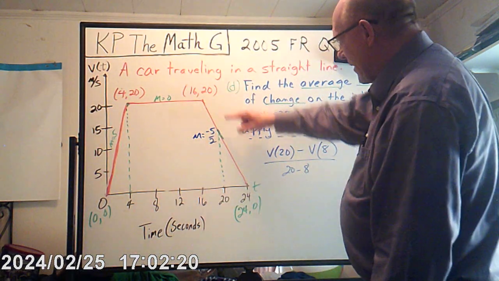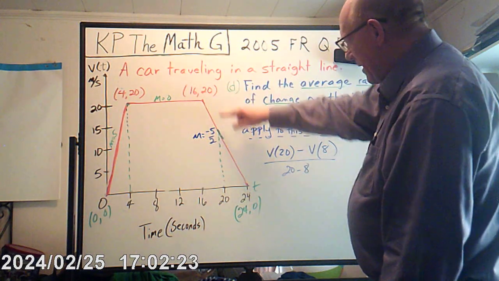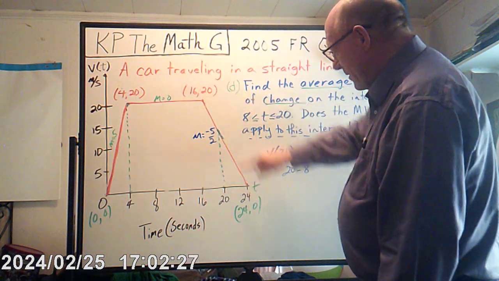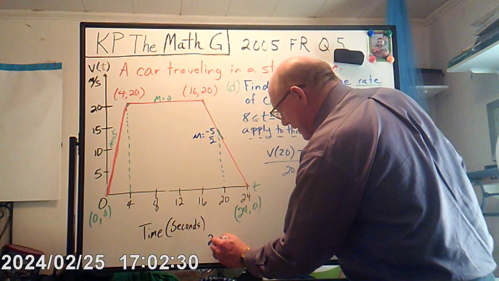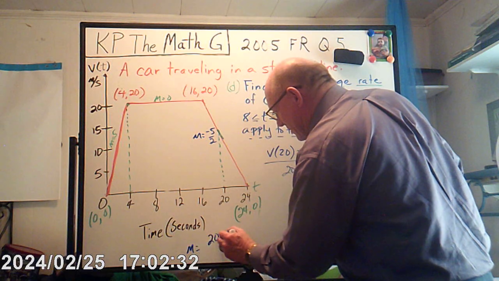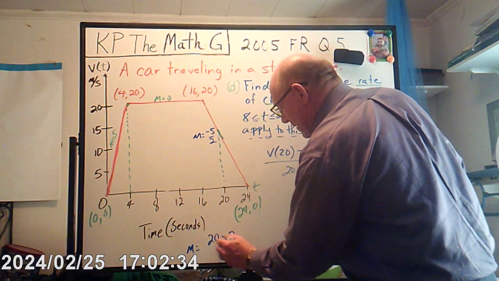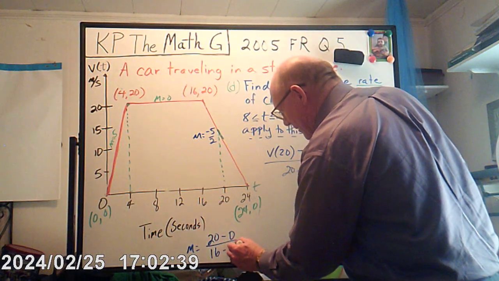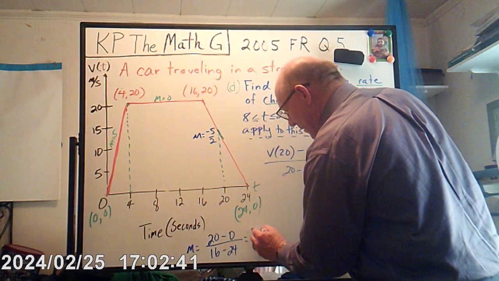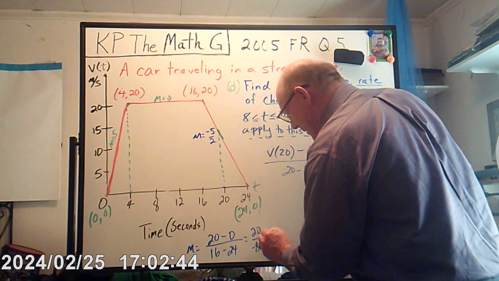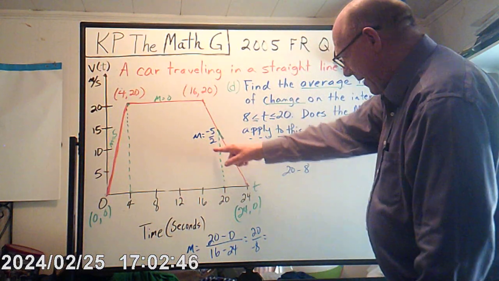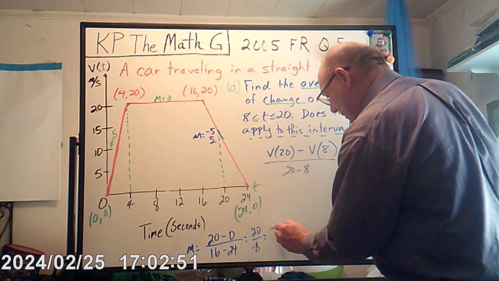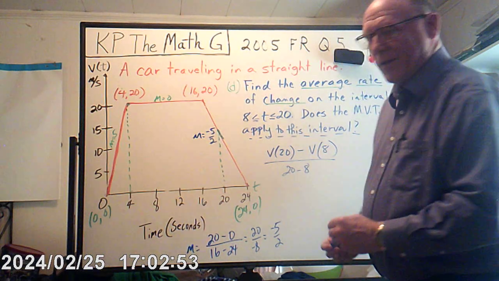If you were to do this using the definition of slope, y2 minus y1, you've got m is equal to 20 minus 0 over 16 minus 24. And what you're left with was 20 over negative 8, which reduces down to negative 5 over 2. So that is what you have to do there.